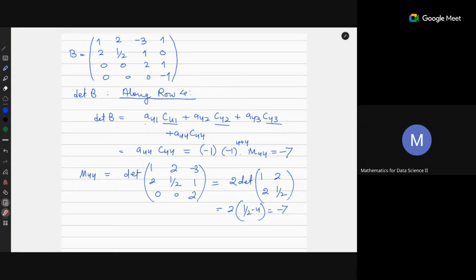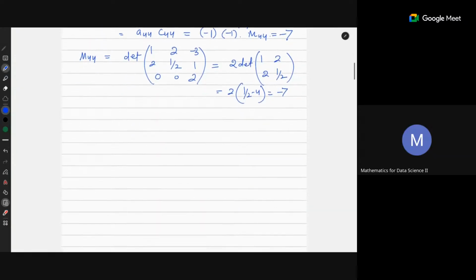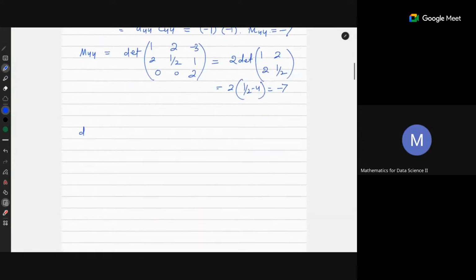So now expand along row 3 and let's see what you will get. Now finding the determinant of B by expanding along row 3.